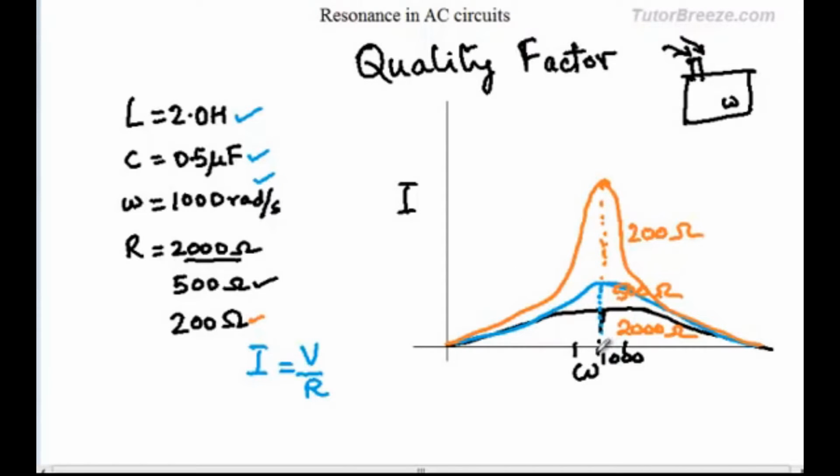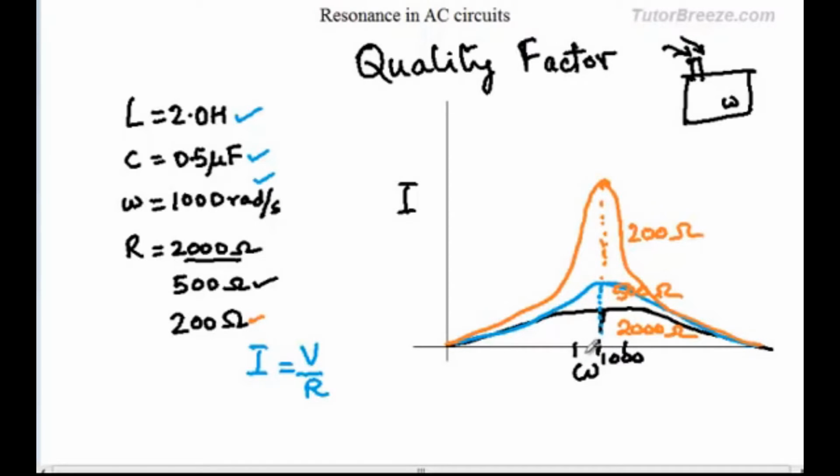At resonant frequency, the current is very large, and as you move away, it falls off rapidly, which means at resonance the station will be very clear, and as you move away slightly, the clarity becomes much lesser. So it's easy to tune into that radio station.